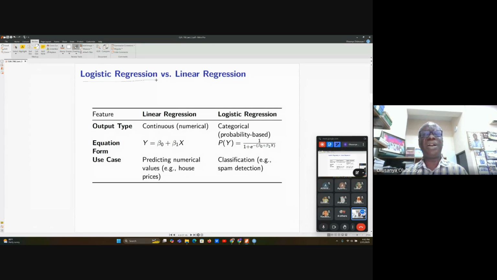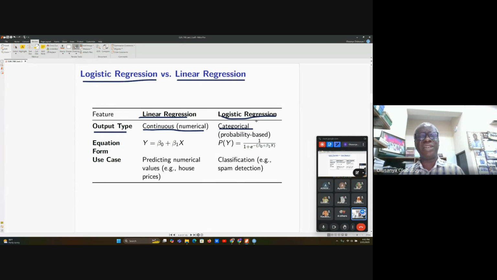So this table simply helps to compare the difference between logistic regression and linear regression. So here is the linear regression, here is the logistic regression. And I've explained before, the output in the linear regression is continuous or numerical, whereas the output in the logistic regression is categorical.